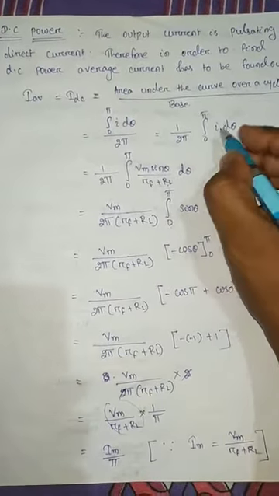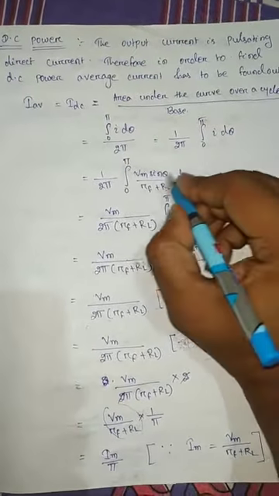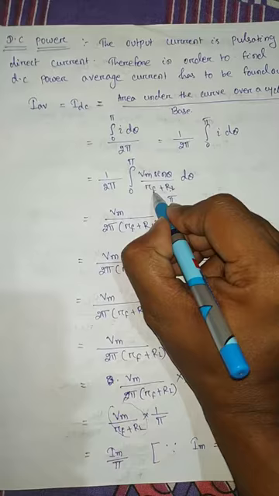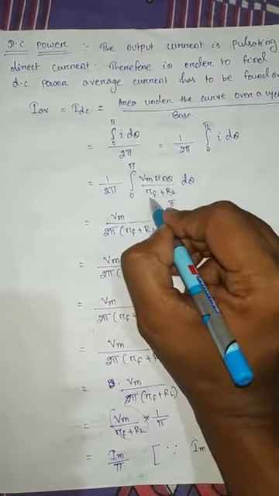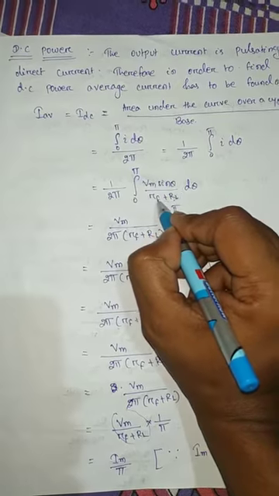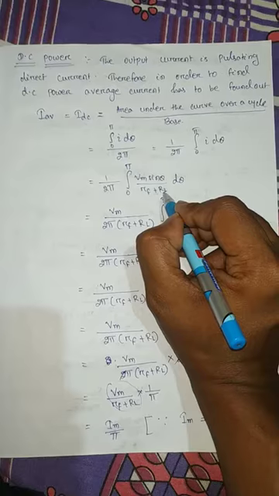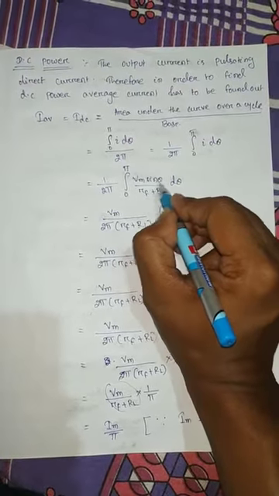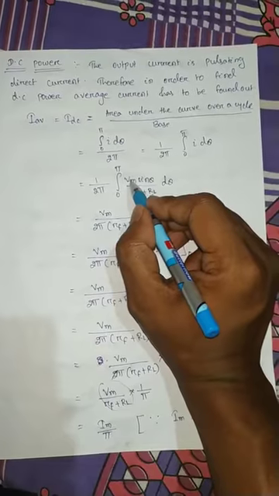As you know, the current flowing through the diode is Vm sin theta divided by Rf plus RL. This Rf plus RL is the total resistance of the circuit, where Rf is the diode forward resistance and RL is the load resistance. So the total resistance of the circuit is Rf plus RL, and the voltage is Vm sin theta.